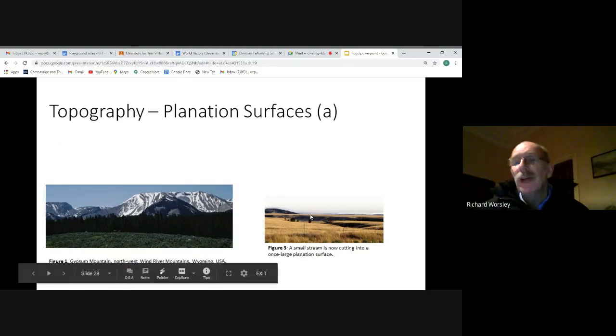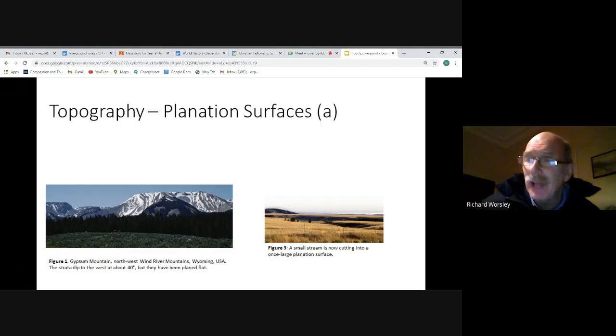Now, once that surface has been planed flat, you have the second stage. And that stage is interesting. This is when there's now not so much water around and dry land is beginning to appear. And you begin to have a more channelized version of this drain off. And that's when you have your big canyon formations and your more complex landscape formations that we'll look at in a minute.